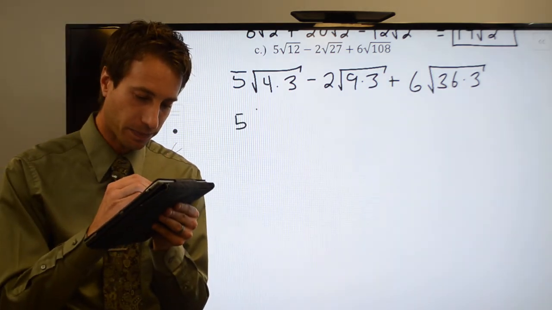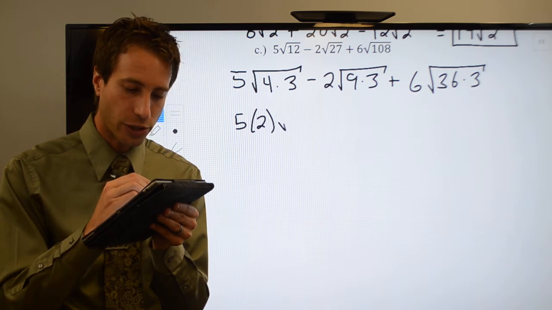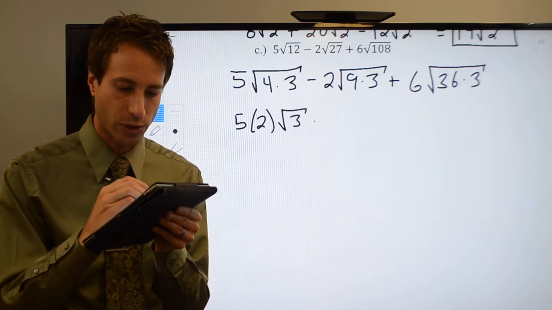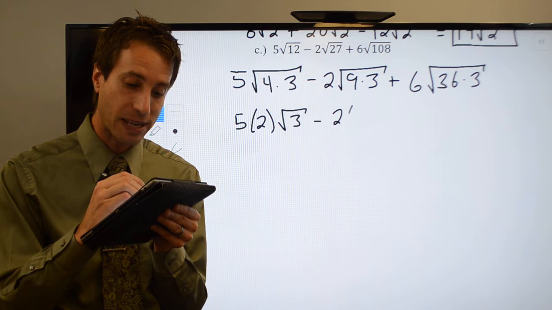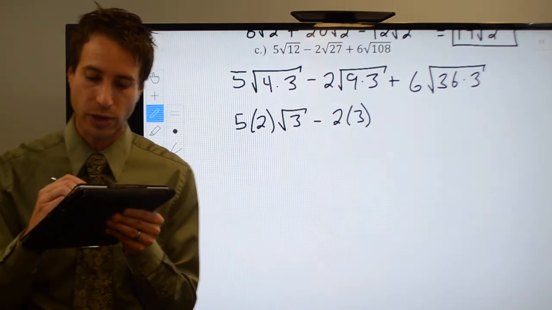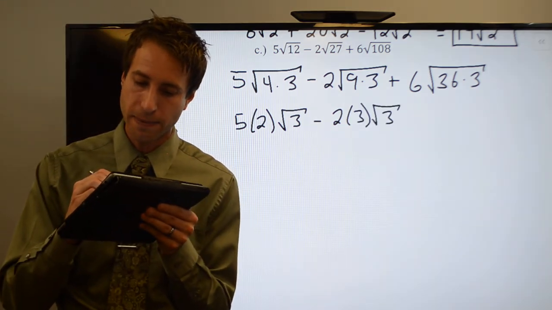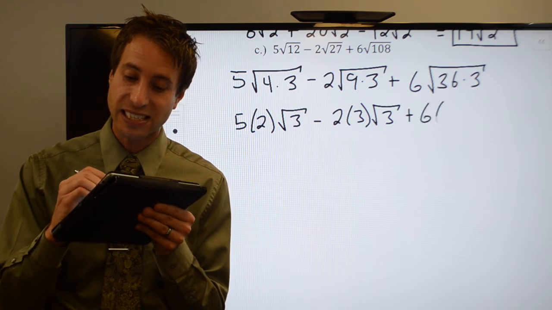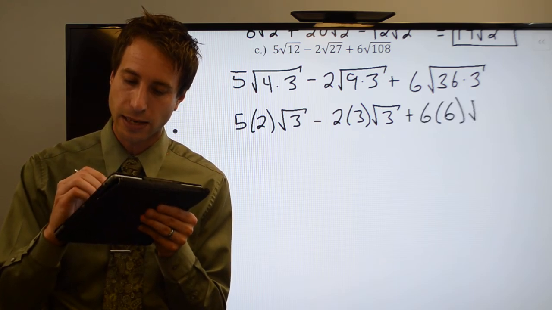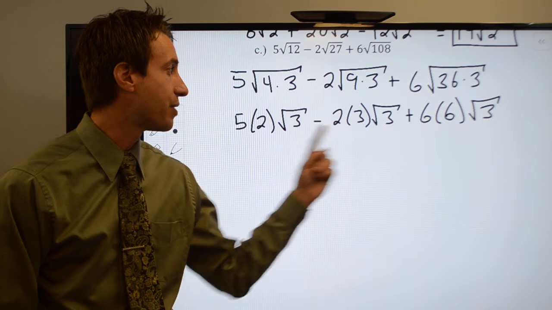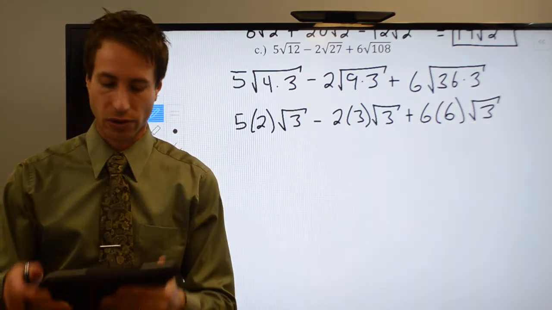Here we go. Square root of 4 is a 2, so I have 5 times 2 square roots of 3. Square root of 9 is going to be a 3, so I have 2 times 3 times the square root of 3. And the square root of 36 is a 6, so I'll have 6 times 6 times the square root of 3. And there we go. Now they're all like terms.